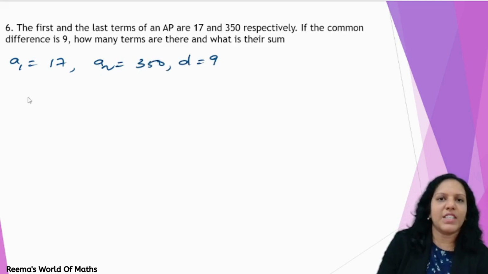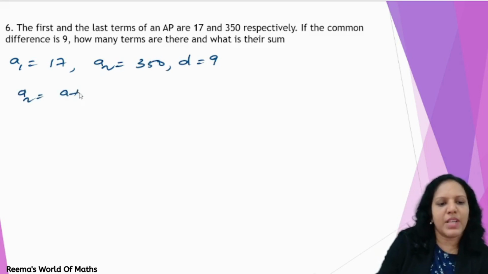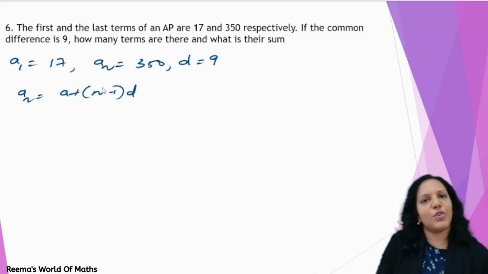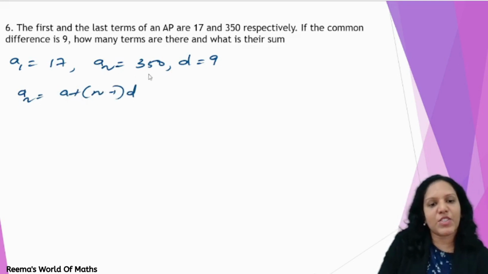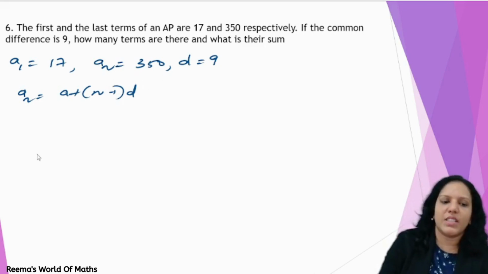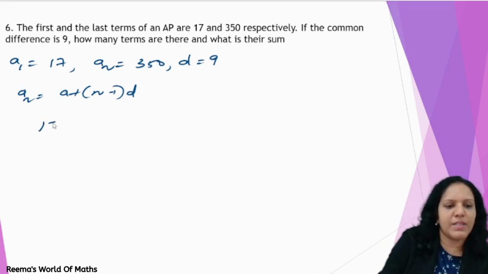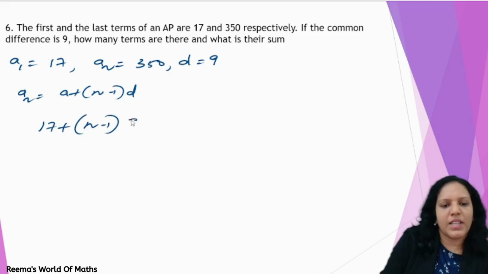So for any nth term, we know an equals a plus (n minus 1) into d. So let's replace these values for the nth term. We are given that the last term is 350. So that is 17 plus (n minus 1) into 9 equals 350. Correct?